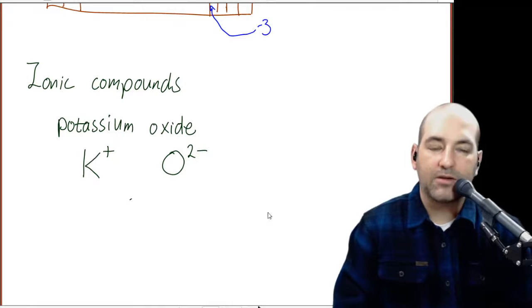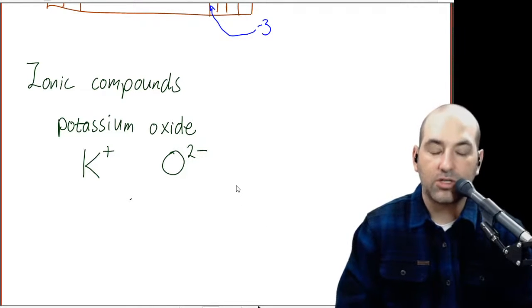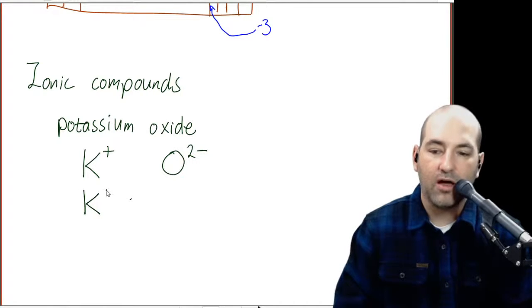So we can put the compound together now, but we need to adjust the ratios of potassium and oxygen so that the overall compound is neutral. And what that means is that we need another potassium ion. So we have 2 pluses and 2 minuses, and now we have a balanced compound.